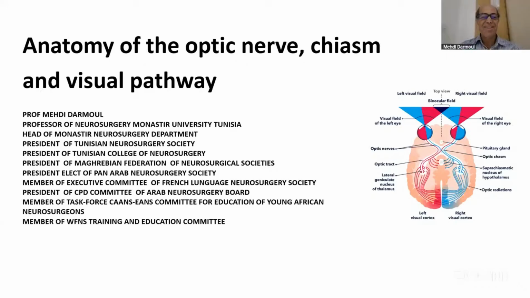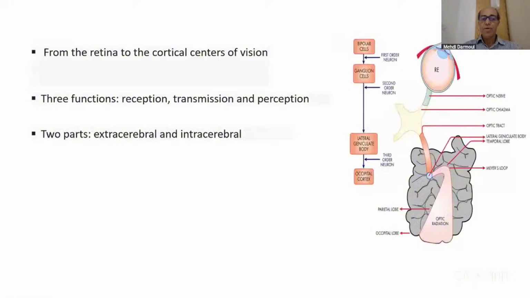I will talk about the anatomy of the optic nerve, chiasm, and visual pathway. The visual pathway extends from the retina to the cortical center of vision, and it has three functions: reception, transmission, and perception. We can distinguish two parts: the extracerebral part and the intracerebral part.